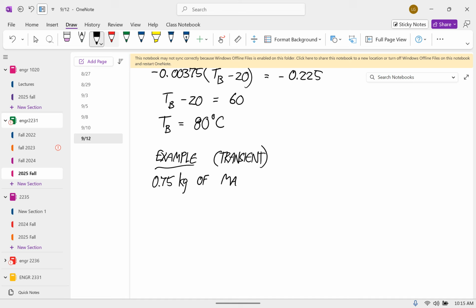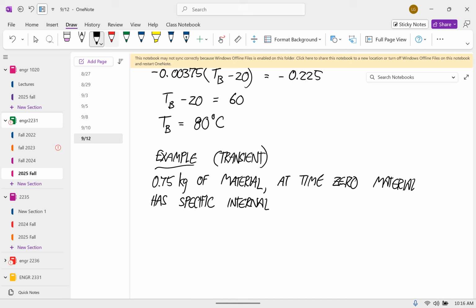So we have 0.75 kilograms of a material, and at time 0, the material has a specific internal energy of 20 times 10 to the third joules per kilogram.